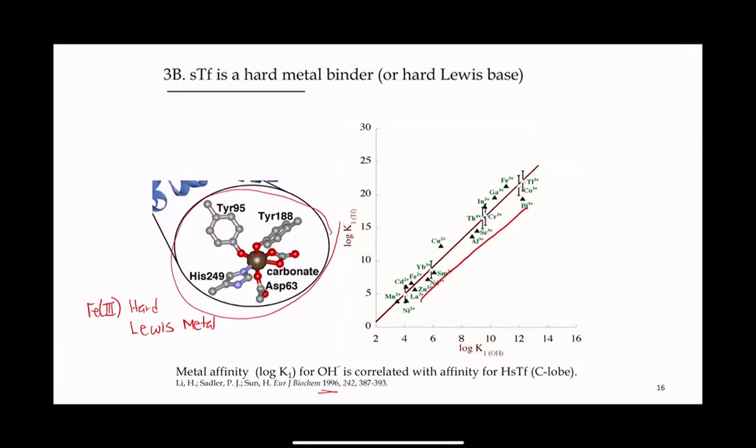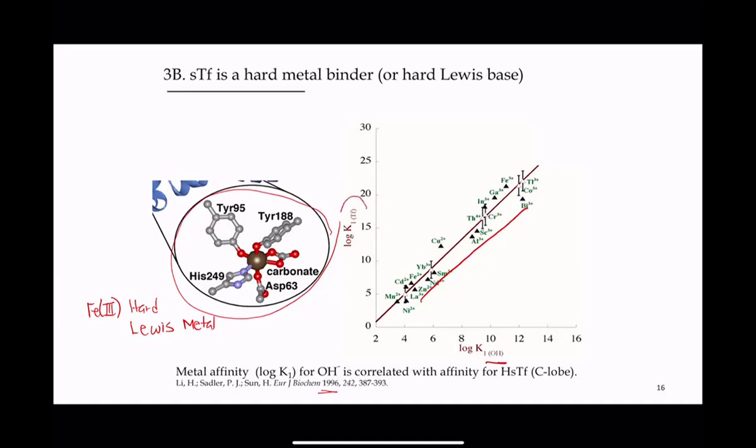But why hydroxide? Well, remember when I was discussing the affinity, as you can define it for Lewis acids and bases, it's defined in terms of a relative scale. So it turns out that using hydroxide is a representation of the measure of something that can be considered a hard base. Okay, so it turns out that there is a linear correlation between the affinity of hydroxide for metals with the affinity of the transferrin for metals.